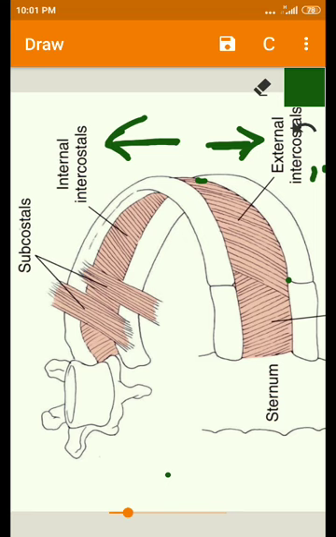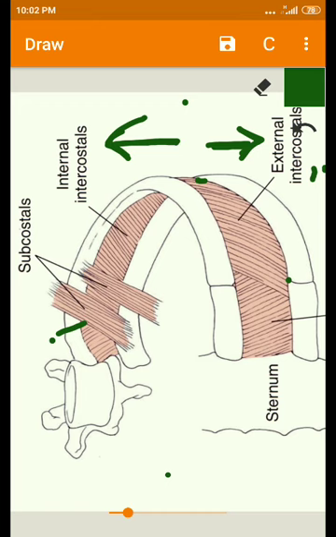Those muscles are the levatores costorum, which is a paravertebral muscle, and the triangularis sterni or transverse thoracis, and also the scalene muscles. So along with intercostalis muscles, these three groups of muscles also help in respiration.